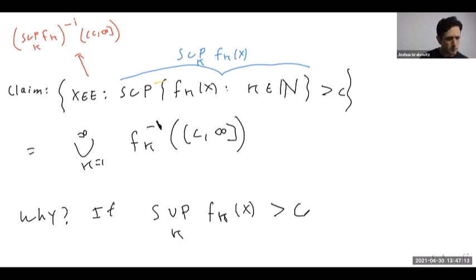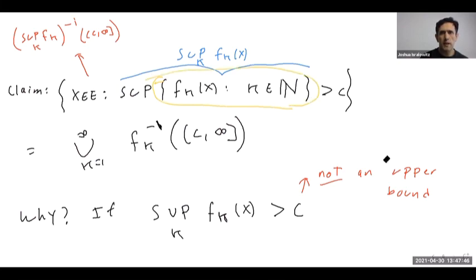So if the supremum is bigger than c, then c is not an upper bound for the set I'm circling in yellow.